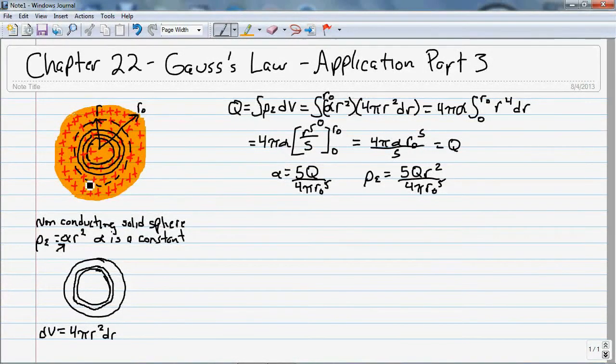Now I need to get the Q enclosed inside of this shell. I can't use ratios because it's not evenly distributed. I'm going to have to integrate from 0 to r this time to be able to get my Q enclosed. So my Q enclosed is going to be equal to the integral of charge density times differential volume from 0 to r.